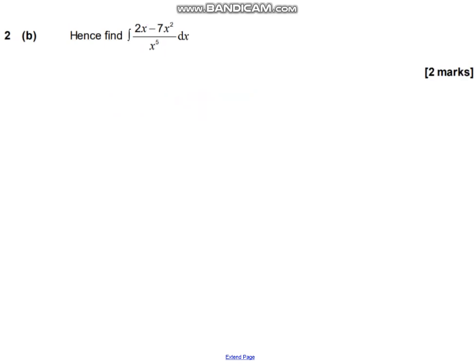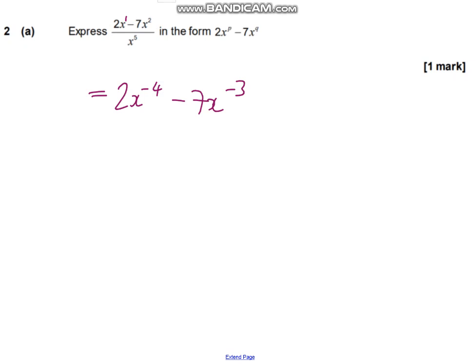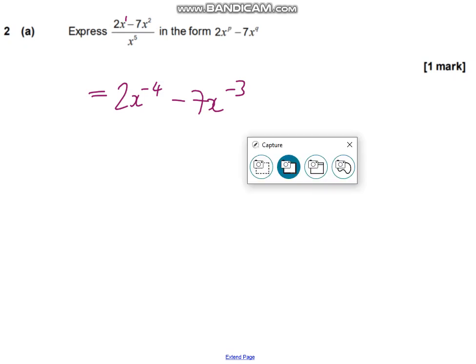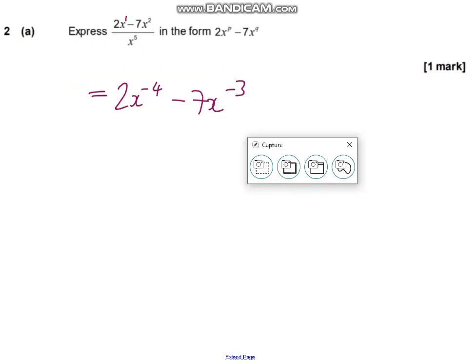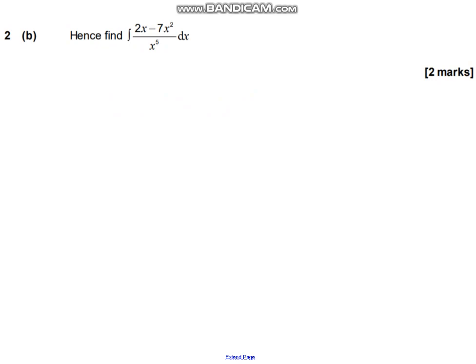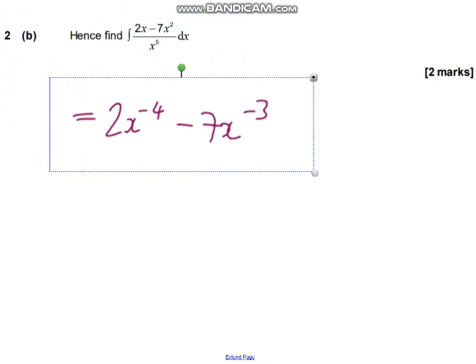Now we've got to integrate that, and I have to bring this back over again, like I did previously. Okay, alright, so now we're going to integrate this.